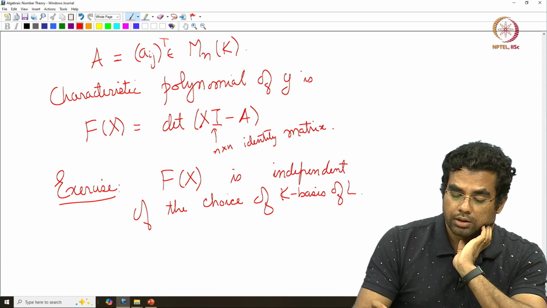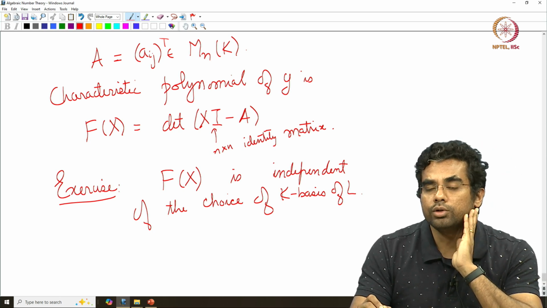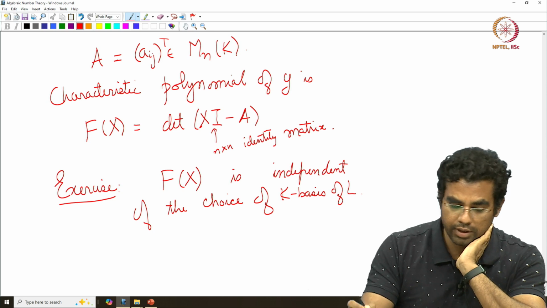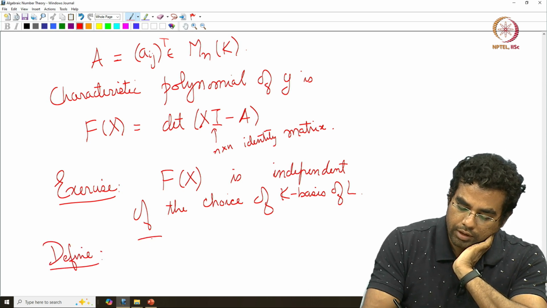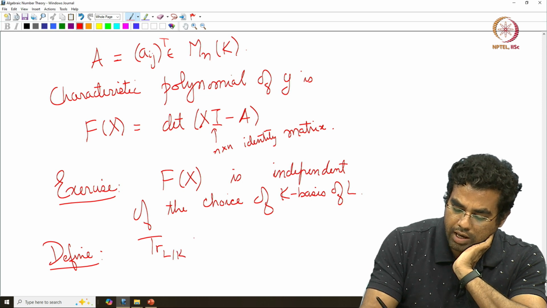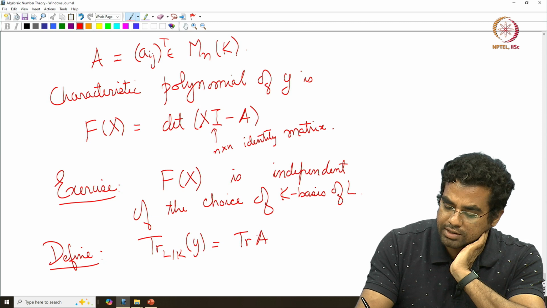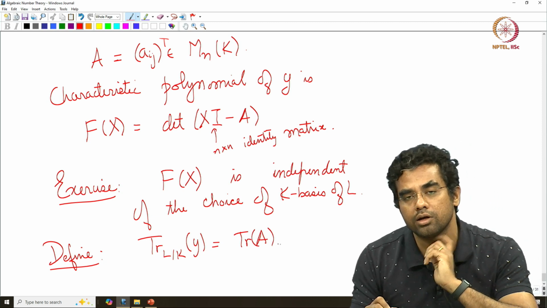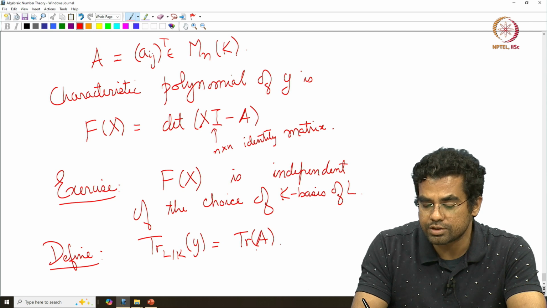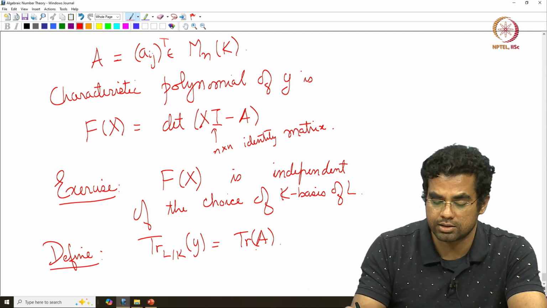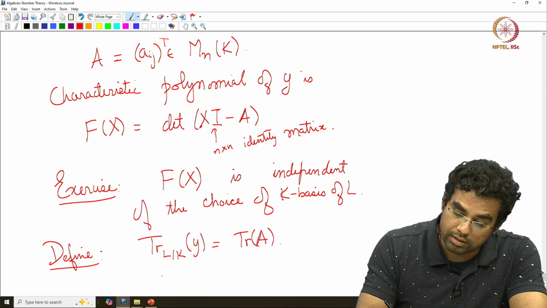Okay. Anyway, so this characteristic polynomial is a useful thing, but we are only interested in two coefficients of it. So, you define the trace from L to K of y to be the trace of this matrix A. Again it is independent of the choice of basis. So, this is the coefficient of x in this f of x, up to sign.